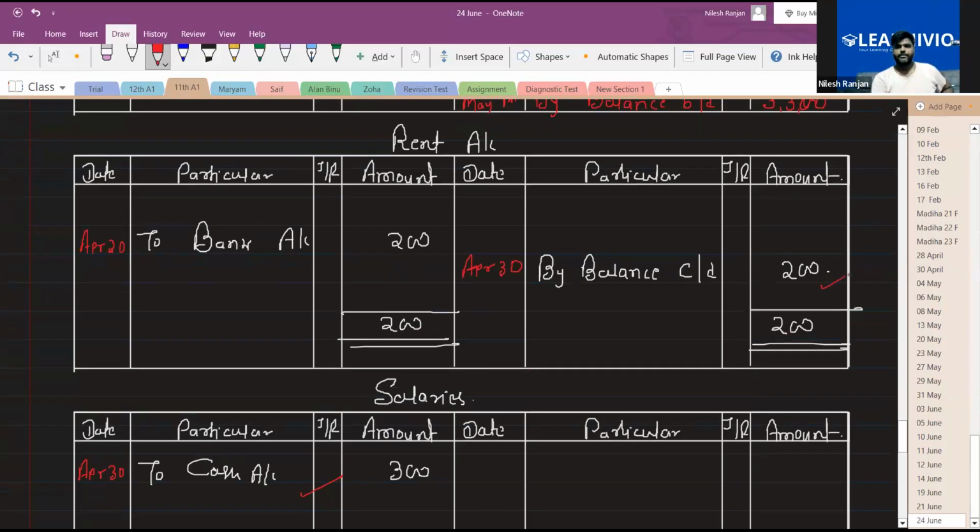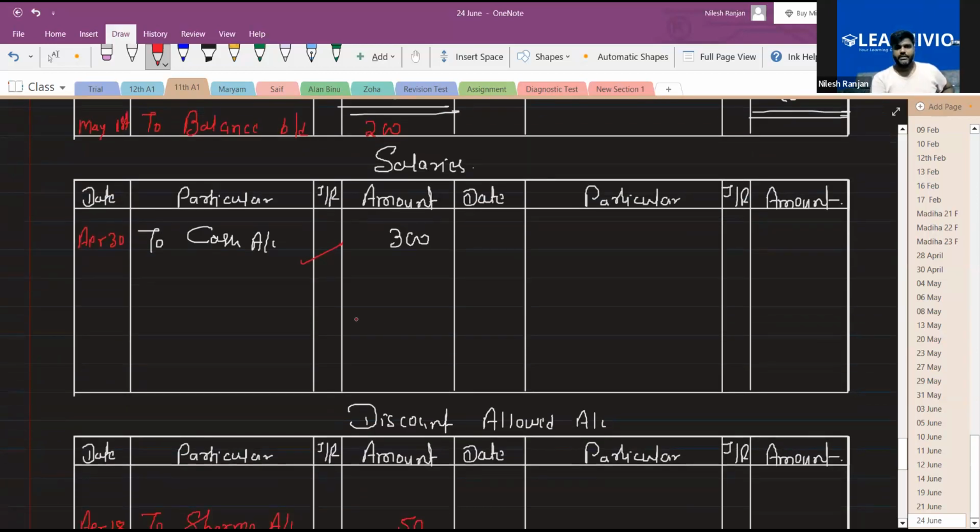Rent is already clear. It will be May 1st, to balance BD 200. Salaries 300, and by balance.